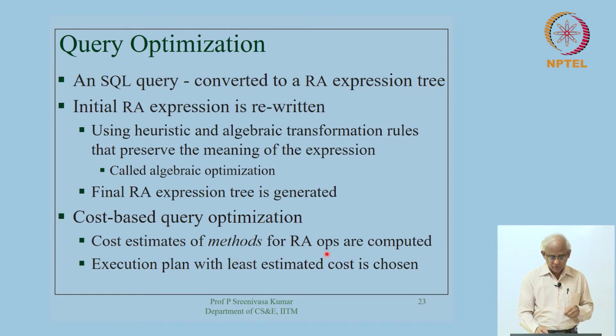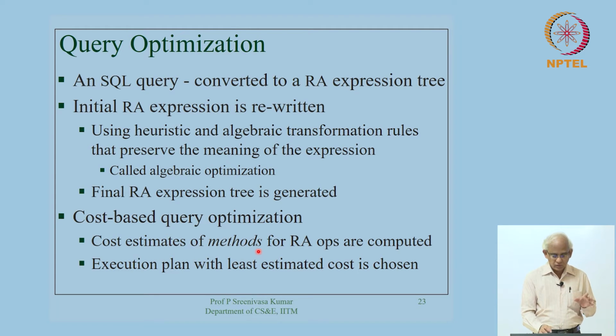Actually, if you do one of these operations in one way, some other operation may have to be done only in a certain way. They are interdependent, right? The operators are interdependent in the tree.